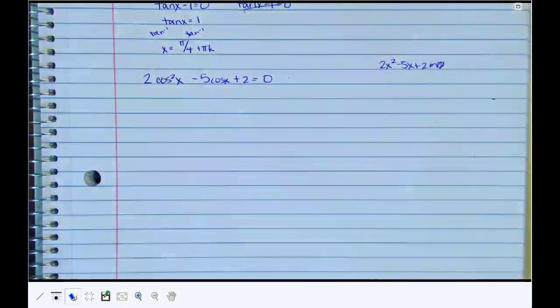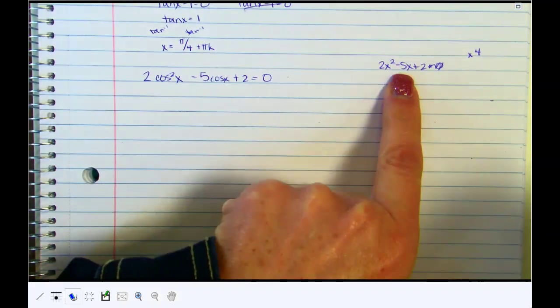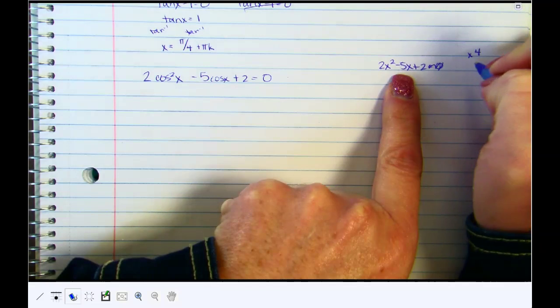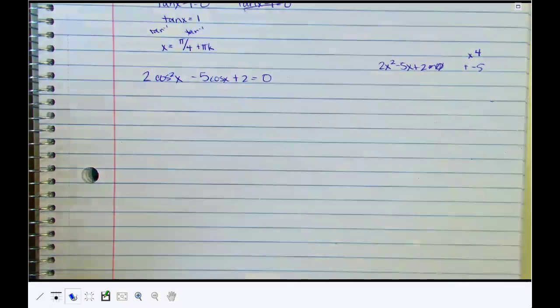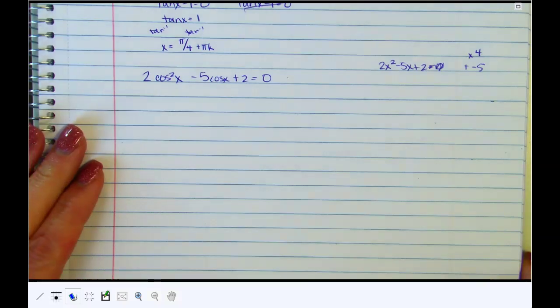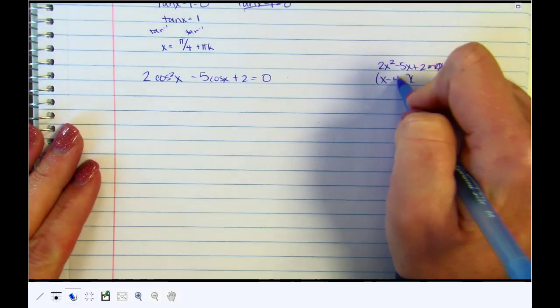Another review of that: remember, you have to multiply a times c together. So it has to multiply to 4 and add up to negative 5. What two things multiply to 4 and add up to negative 5? Yes, negative 4, negative 1.